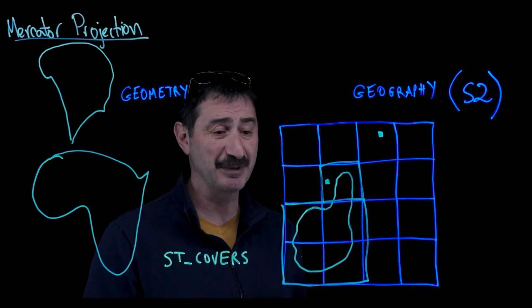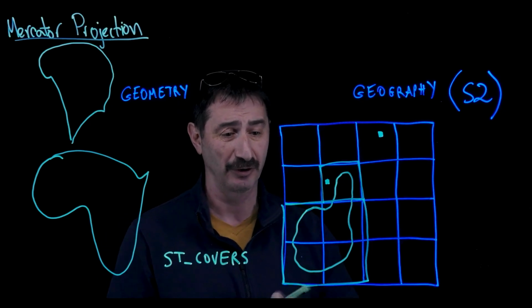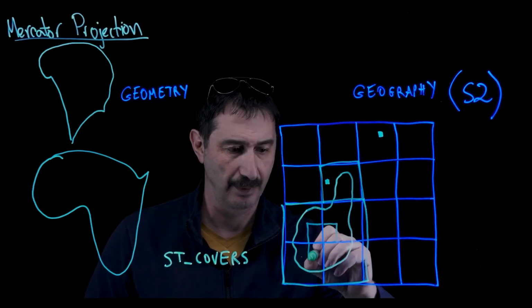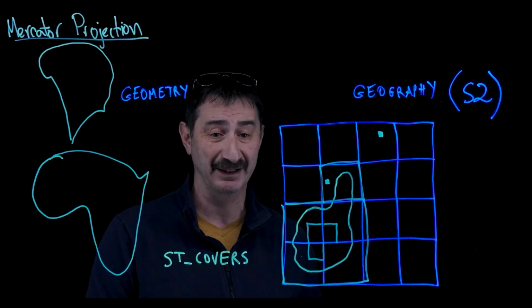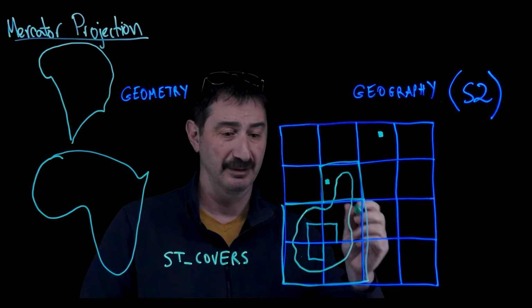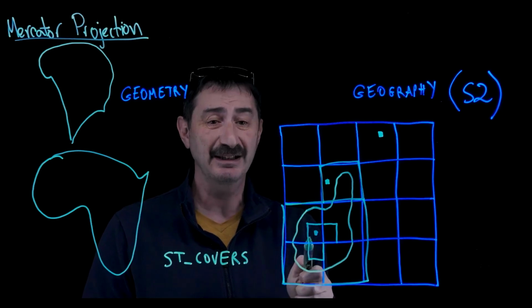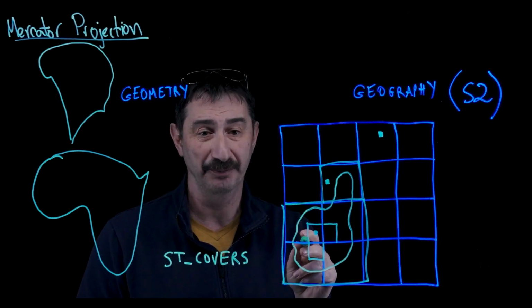So the next optimization we do, we also compute interior cover of the polygon. Those are S2 cells which are completely inside. And now we check. If the point is inside interior cover of the polygon, it is for sure contained by the polygon.